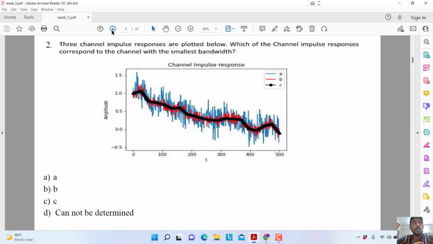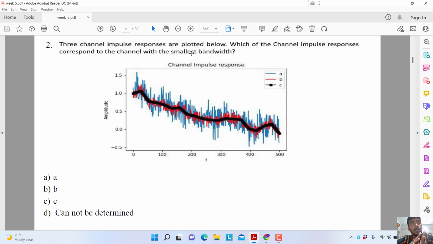Now the next question is that 3 channel impulse responses are plotted below. Which of the channel impulse responses corresponds to the channel with the smallest bandwidth? There are 3 responses given: one is blue, second is red, third is black. You have to tell which channel has the smallest bandwidth.